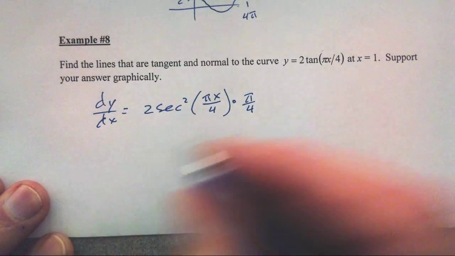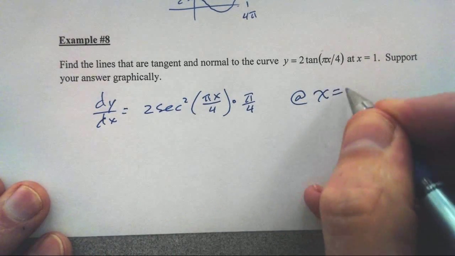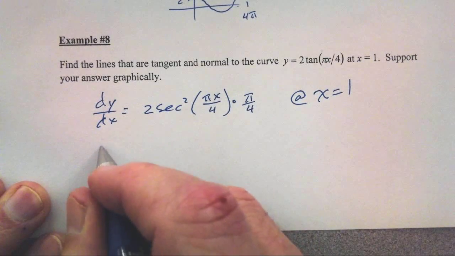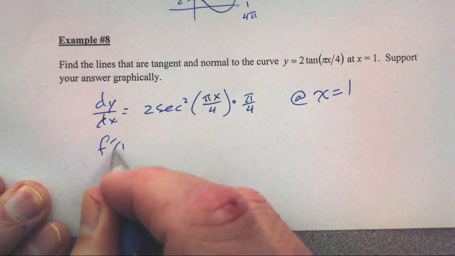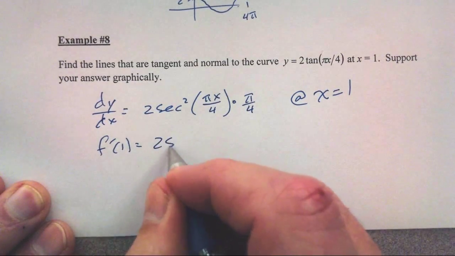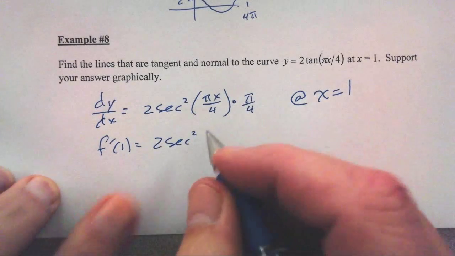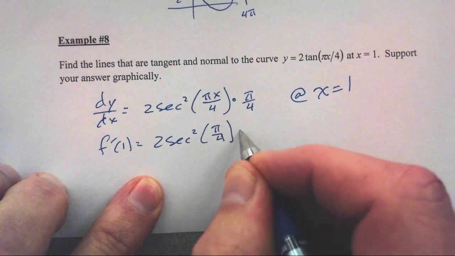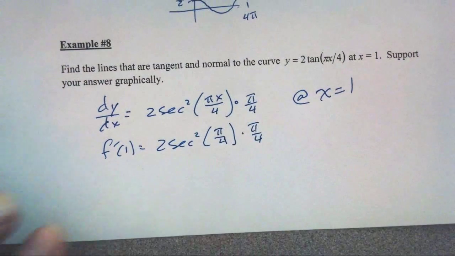Well, we want the slope at x equals 1, so it's kind of like saying f prime of 1 equals 2 secant squared of pi on 4 times 1, times pi on 4.